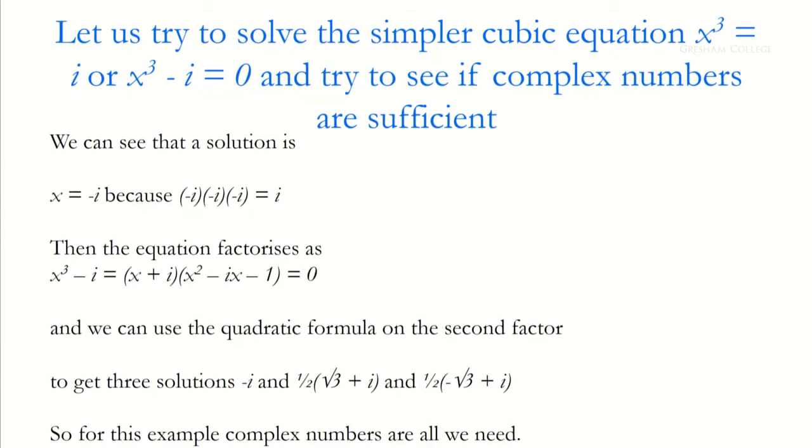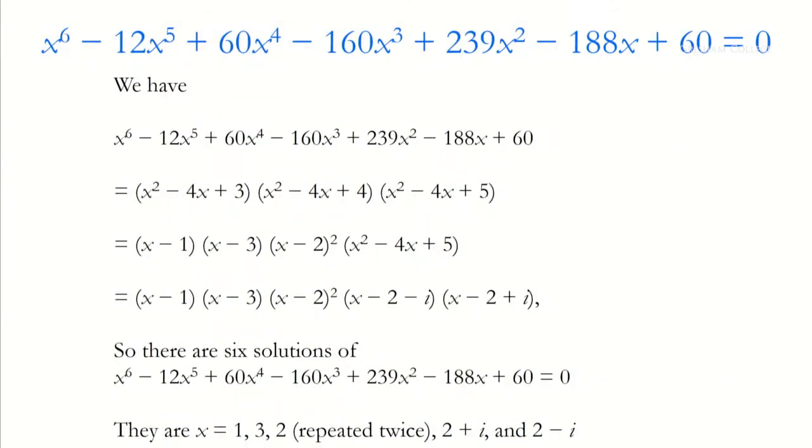And now if I go to the example I had a moment ago, which was this degree 6 equation here, you can apply a similar kind of technique because one is able to factorize it as a product of these three quadratic expressions, and then you are able to factorize each of these quadratic expressions using either real numbers or complex numbers.